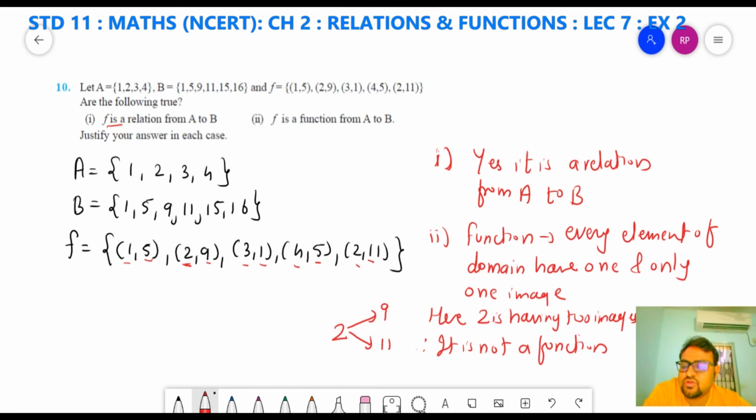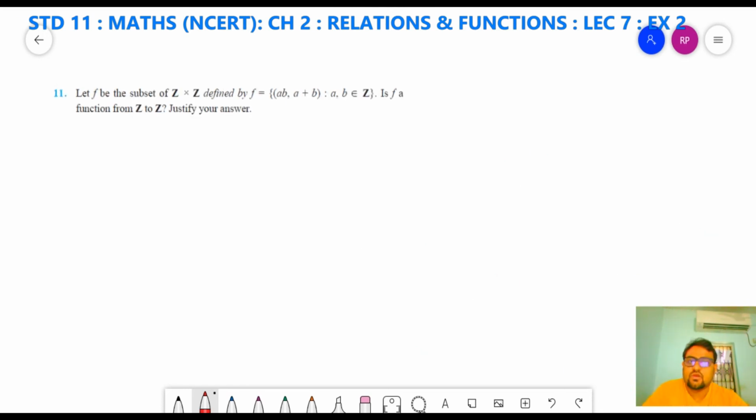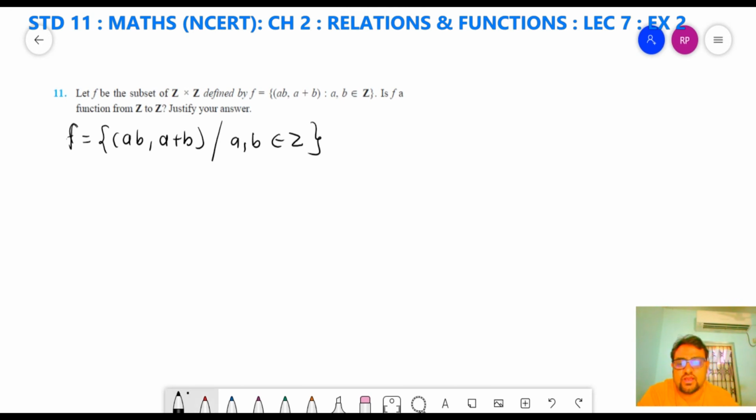Okay, now let's move to the next question, that is question number 11. Let f be a subset of Z cross Z, where Z means integers, defined by f. Here it is given f is equal to {(A, B), (A plus B)}, and A, B both belong to Z. Clear?